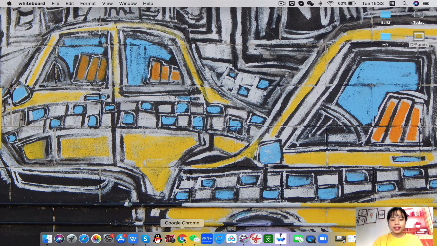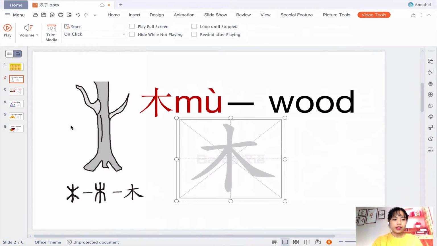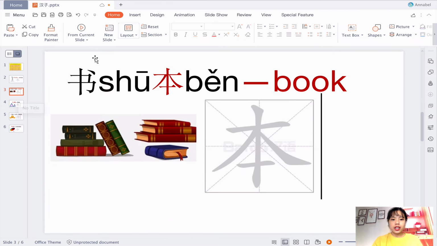Okay, now let's see the second. Second character is called 本. 本 means book.